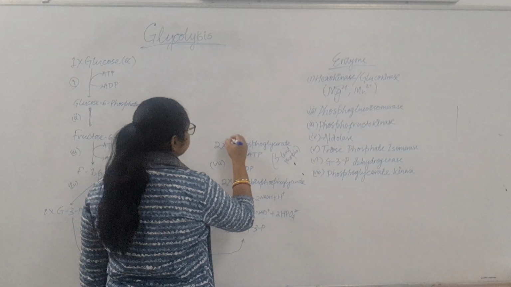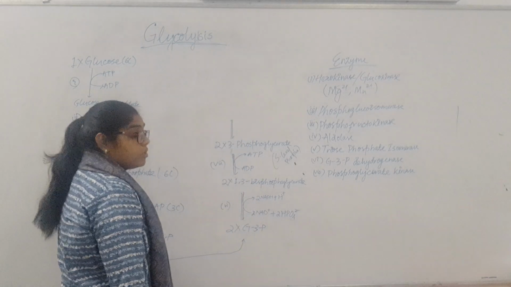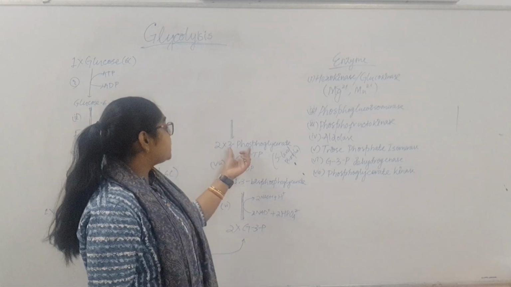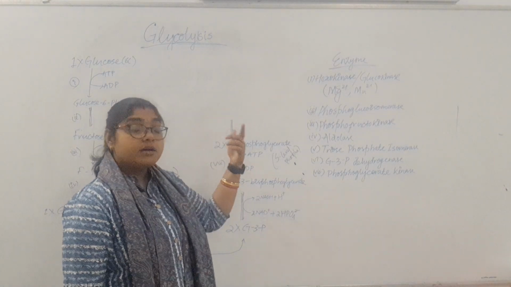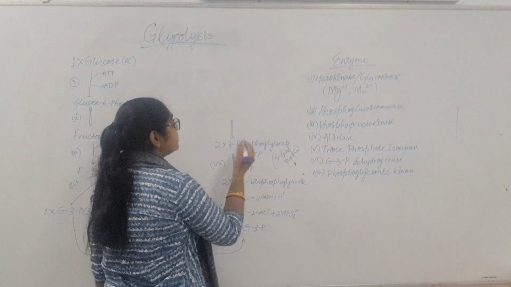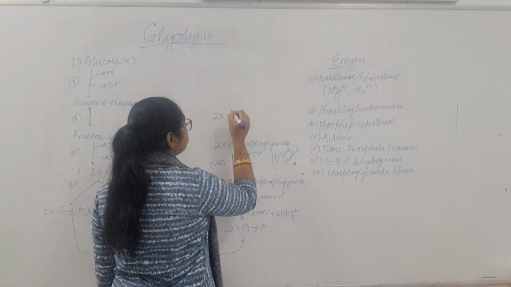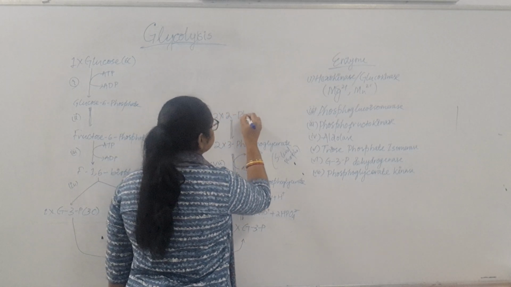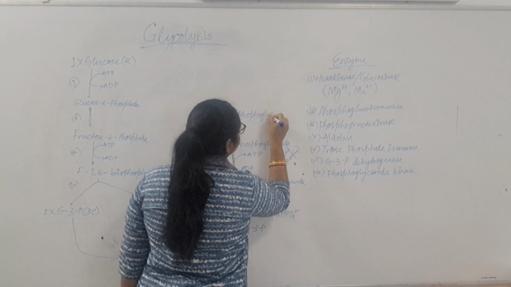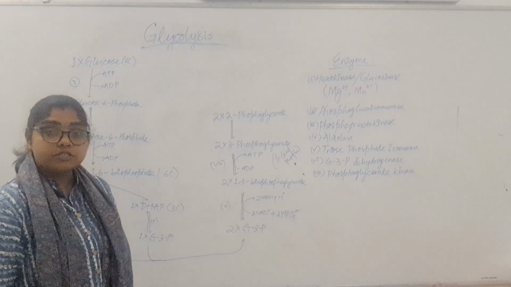Now this 3-phosphoglycerate will convert to one of its isomers. The phosphate group which is present at the 3rd carbon will shift. 3-phosphoglycerate will convert to another molecule, 2-phosphoglycerate, in the process of mutation.